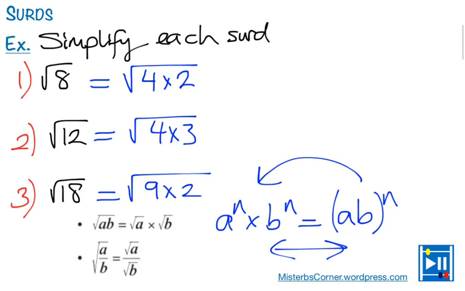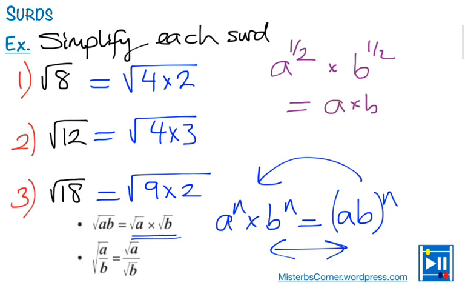So if you consider these surds as a to the power of 1 over 2 times b to the power of 1 over 2, then this could be written as a times b to the power of 1 over 2. With 1 over 2, we mean the square root, so it's the same thing. So we are not learning anything new, we are just extending this index rule to surds.